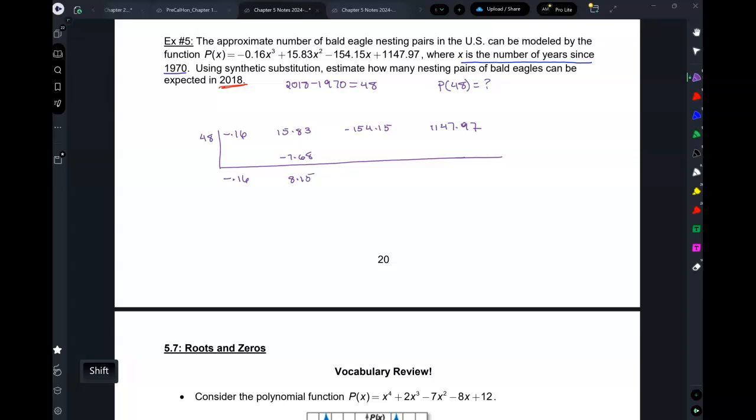Now I want somebody else to tell me the next one. We're going to multiply by 48. What are we going to get? 391.2. And then let's add 0.2. Now somebody else. If we multiply, I got something else.